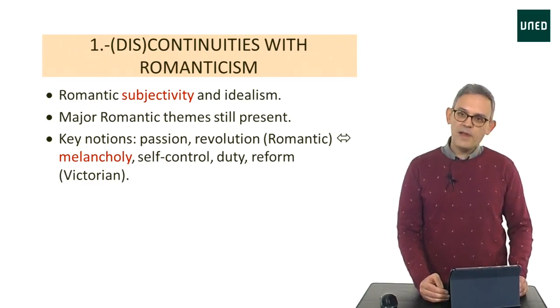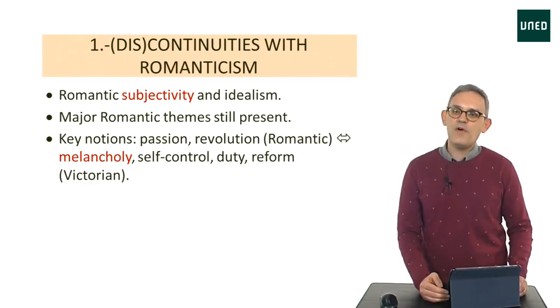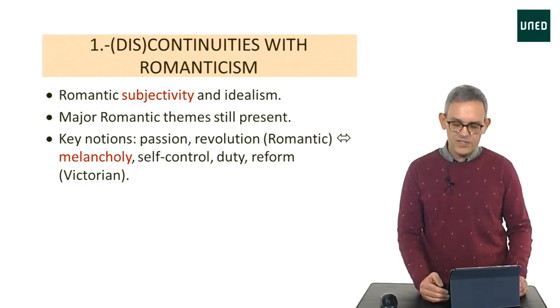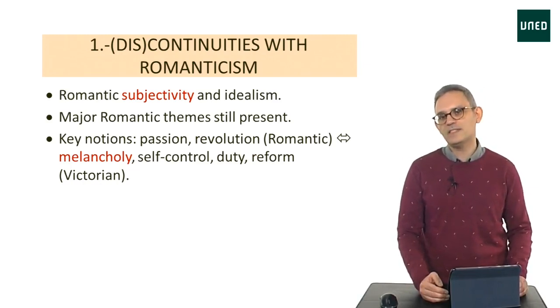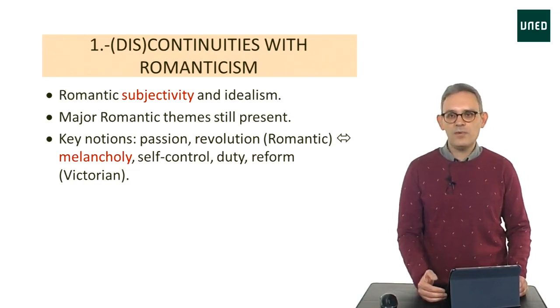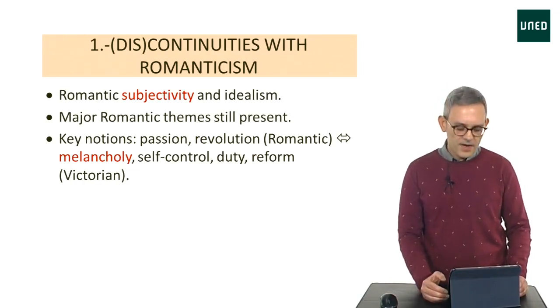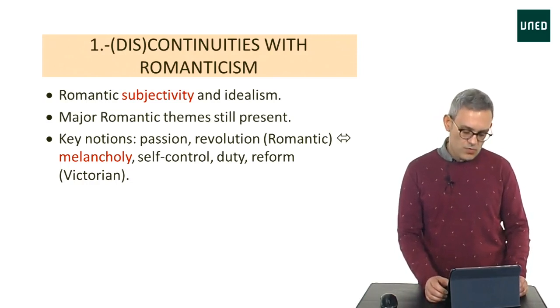The feeling of melancholy prevails over romantic passion, and the best example of this is the work of one of the most famous and popular poets of the period, Tennyson. His work is characterized by a melancholy mood.